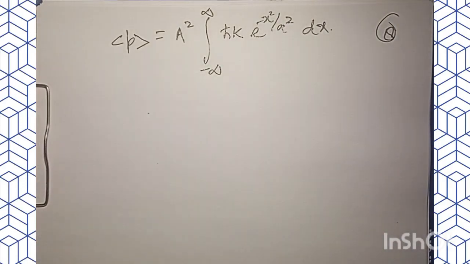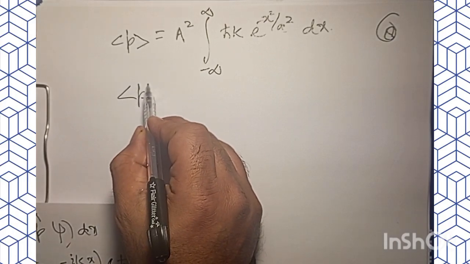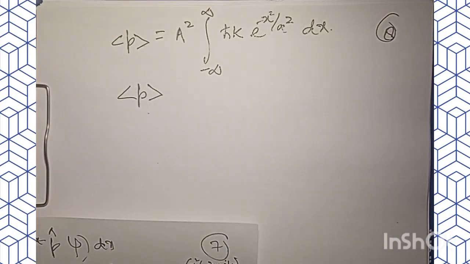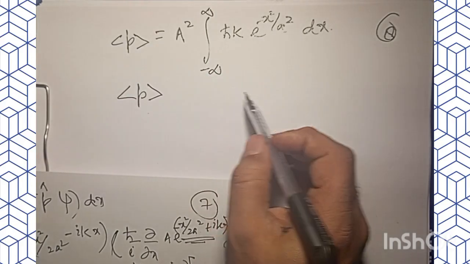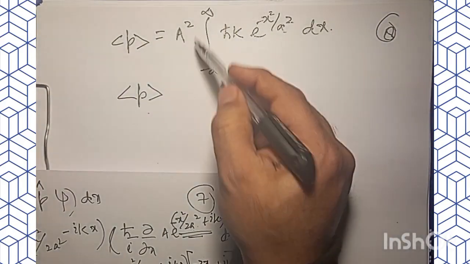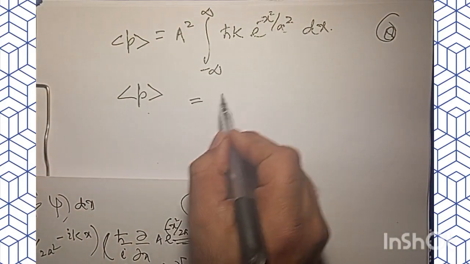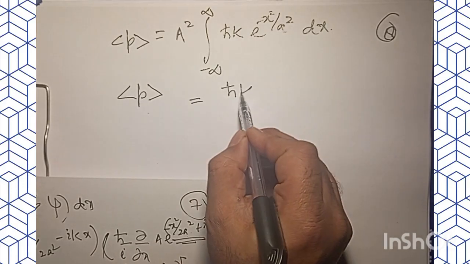All right, and when you evaluate the integral out here for this expectation value for momentum, we will simply come up with h cross k.